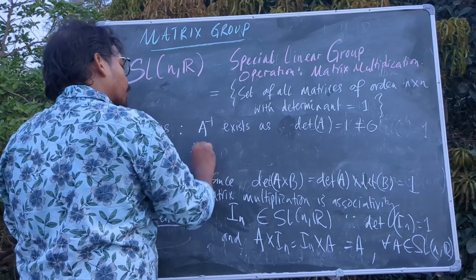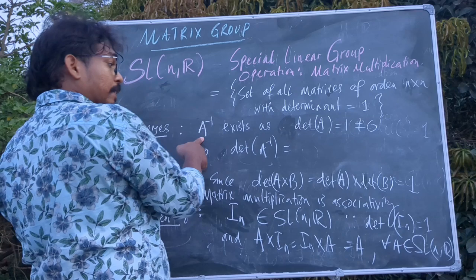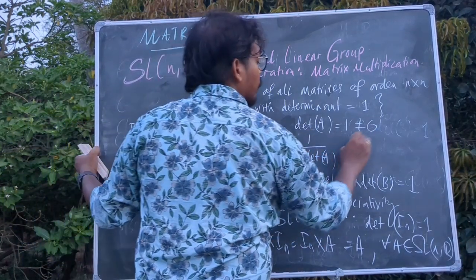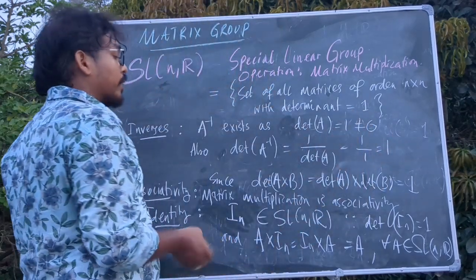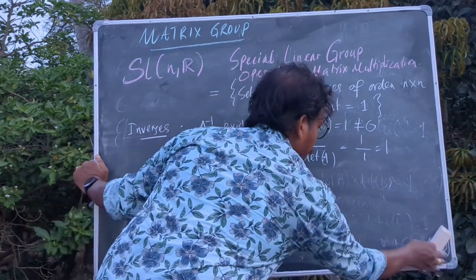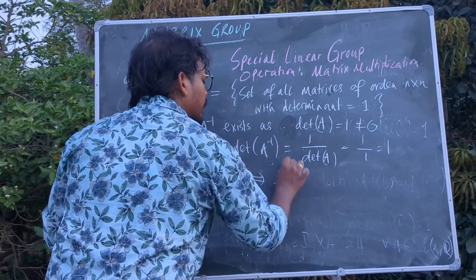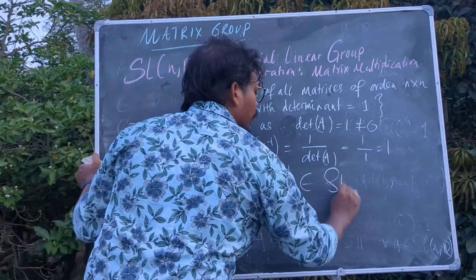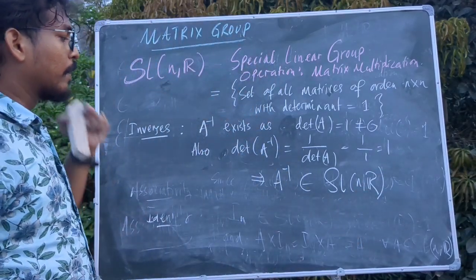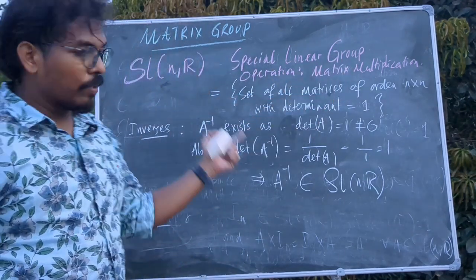Also, the determinant of this matrix, by the property of determinant, is 1 over determinant of A, which is 1 over 1, which is 1. Therefore, that implies this matrix will also belong to SLnR. Hence it is a group under matrix multiplication, and we are done.